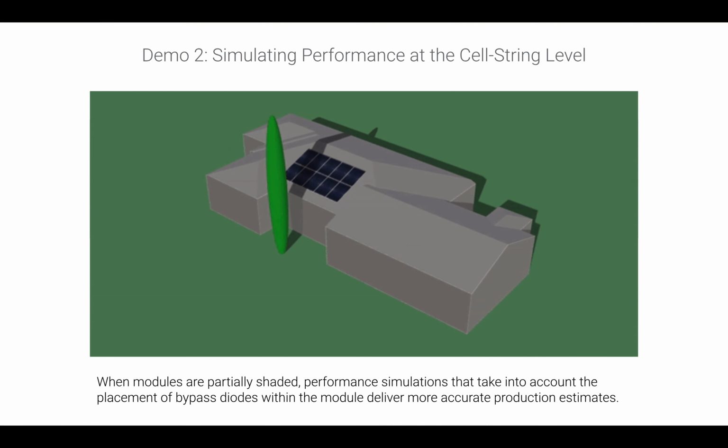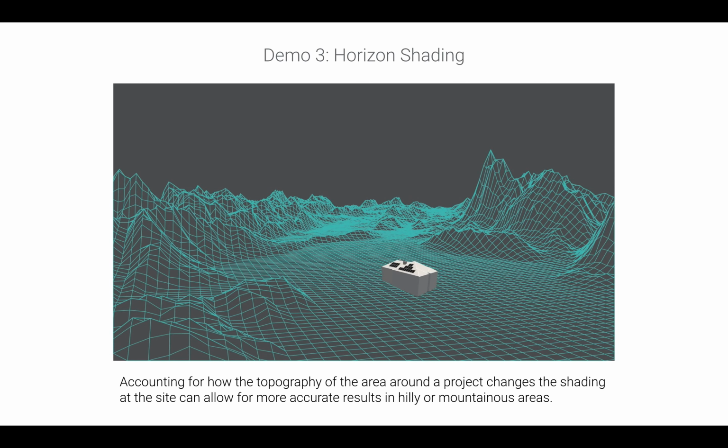Okay, let's now move on to our final demo of an exciting feature upcoming to the Aurora platform, horizon shading. If you think back to our discussion of irradiance, and particularly the direct beam component of irradiance, which is determined by calculating whether anything in the project site, like a tree or neighboring building, will block the sun's ray from reaching the solar array.